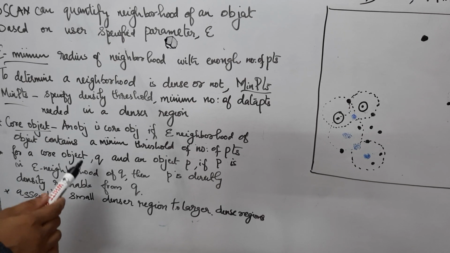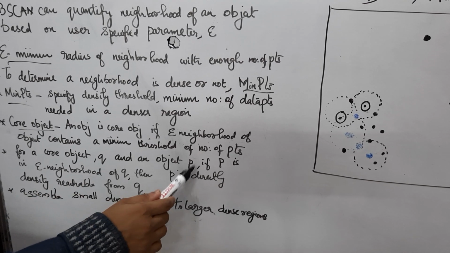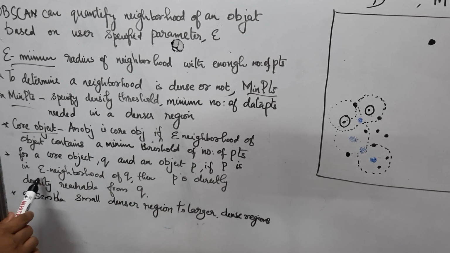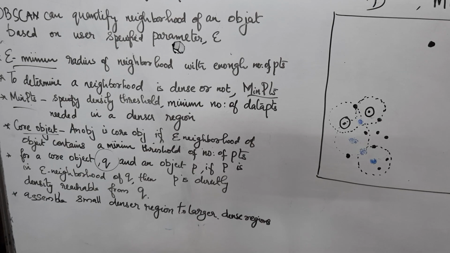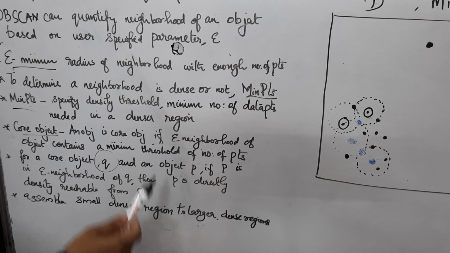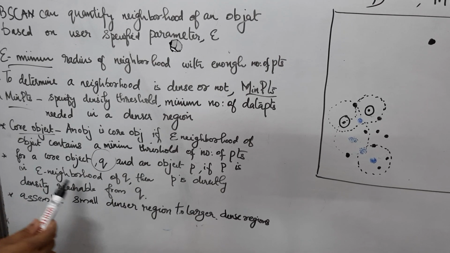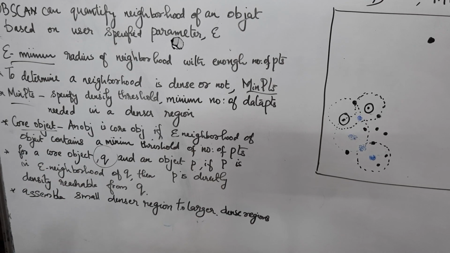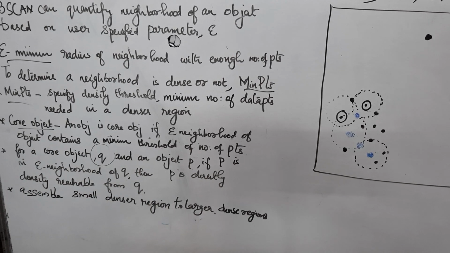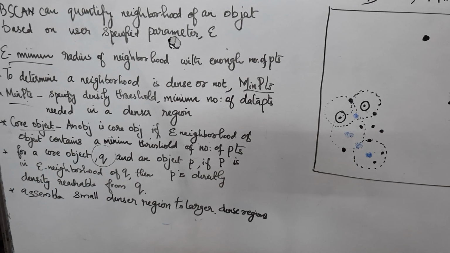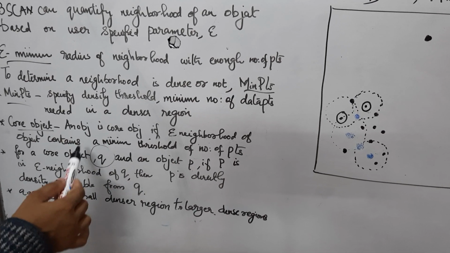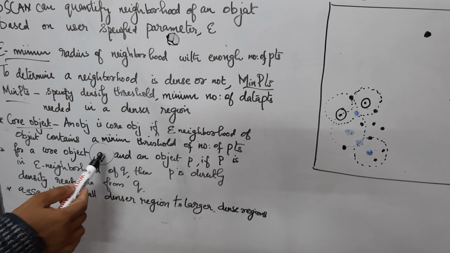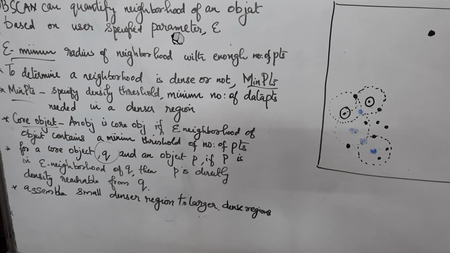For a core object Q and an object P, if P is in the epsilon neighborhood of Q, that means it is in the range of our core object, then we can say P is directly density reachable from Q. If P is also a core object, we can say Q is directly density reachable from P. That means here we are treating Q as a core object and P as a normal object.